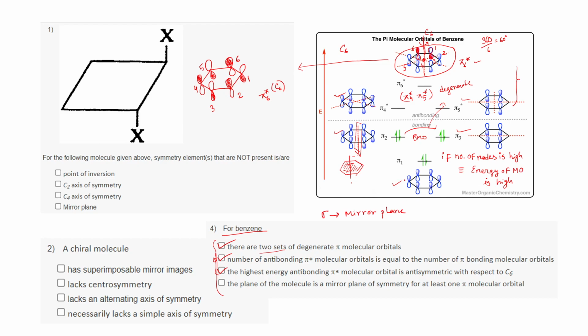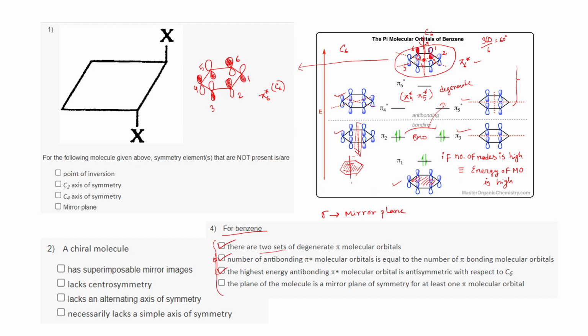The molecular plane is this one I told you, so can sigma be a symmetry element for pi 1? Subramaniam or Avantika, can you tell me? If I perform a sigma, then the positive lobes will go down and the opposite lobe will come here. What do you think? Will it be symmetric? No, right? So sigma is not a symmetry element for pi 1.